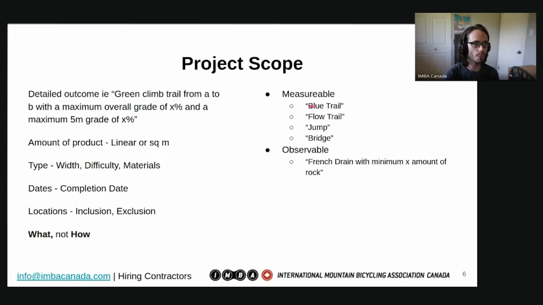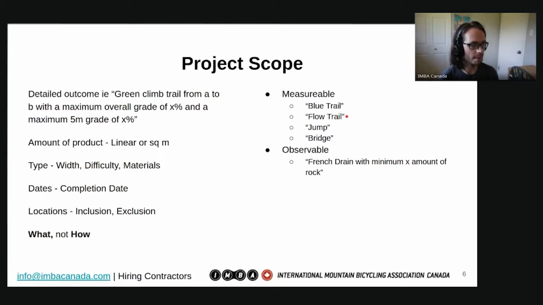This is a way that we can actually say, well, is what you're doing a blue trail, or is that a flow trail? And if somebody tells me what a flow trail is in detail, then we can talk about how we can say whether something is a flow trail or not. And that's a real challenge when it comes to trails.